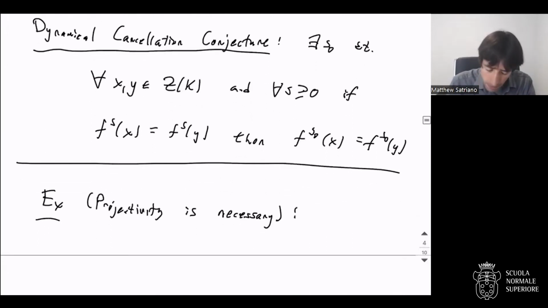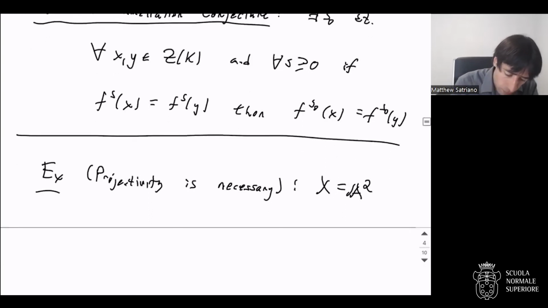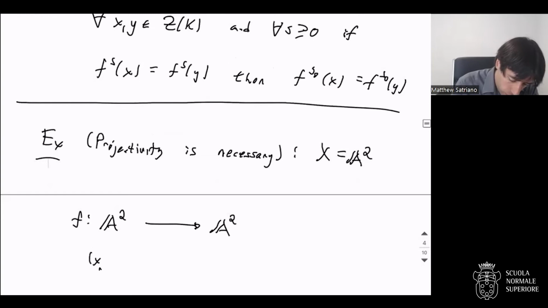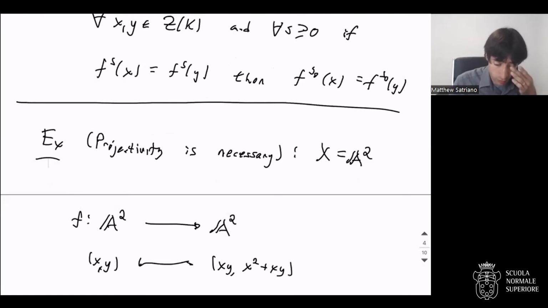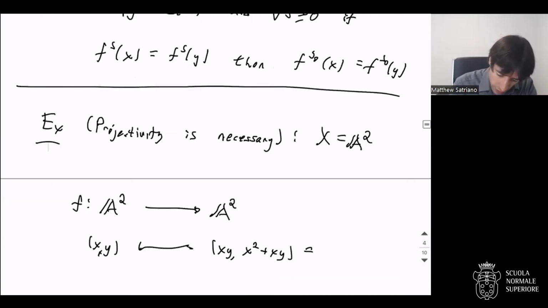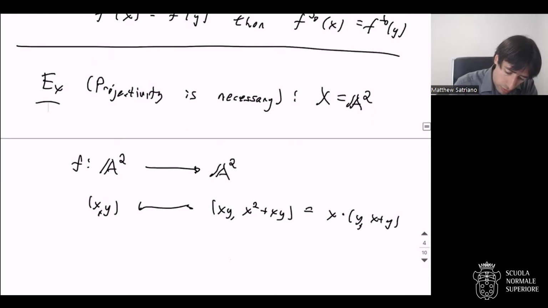Okay, and so for the example, we're going to take X to be affine 2-space, and we're going to cook up a map which sends (x, y) to (xy, x squared plus xy), which we could rewrite as (xy, x(x plus y)). And we're going to build a sequence out of the Fibonacci numbers.